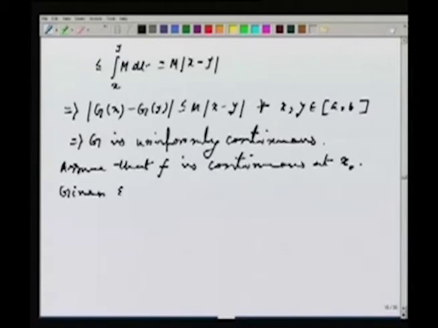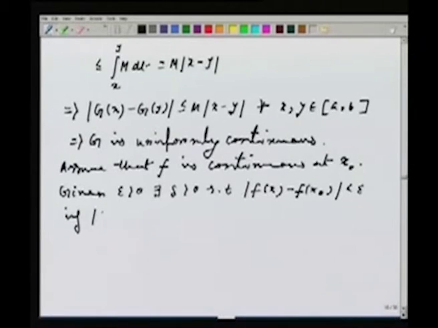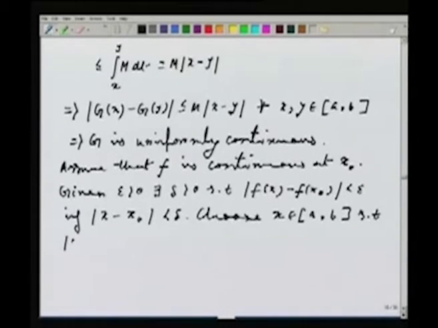So by continuity, I can say that given epsilon bigger than 0, there exists delta bigger than 0, such that modulus of f(x) minus f(x0) is less than epsilon if modulus of x minus x0 is less than delta. So I choose some x in [a,b] such that modulus of x minus x0 is less than delta.